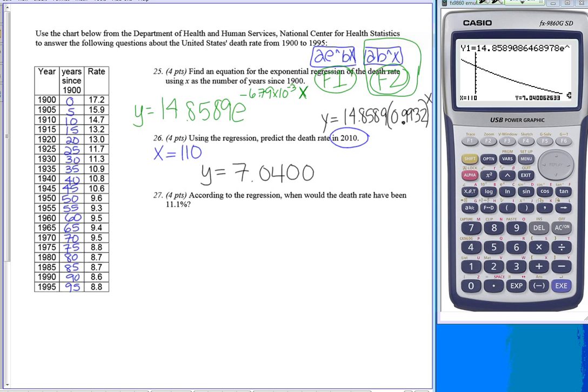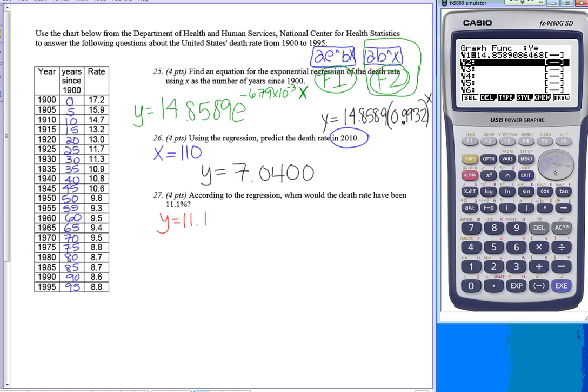In number 27, it says, according to the regression, when would the death rate have been 11.1? Well, in this case, I know the death rate, which was the y value. So if the death rate is going to be 11.1%, the only place I can put in a y value in my calculator would be to come back here and put in a y2 as 11.1.